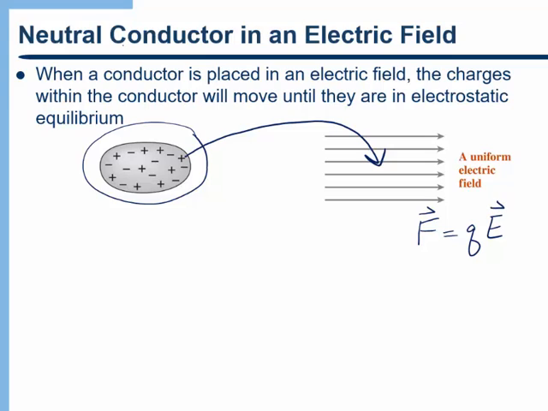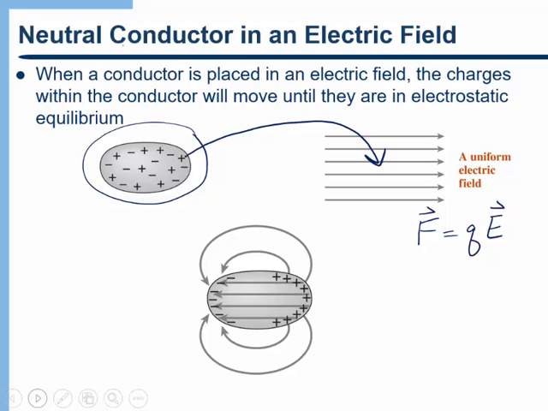Since it's the electrons that are free to move in a metal, the electrons are going to move in a direction opposite to the field, because obviously they're negative charges. And so we'll start getting an abundance of electrons over at this end of the conductor, and of course that will leave this end of the conductor positively charged. Again, overall it's still a neutral conductor, but we now have a charge separation.